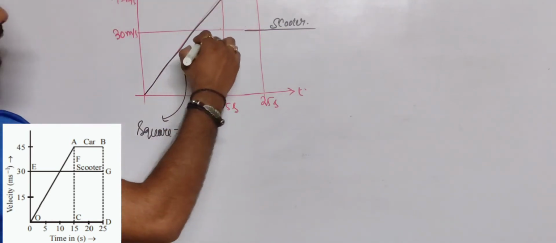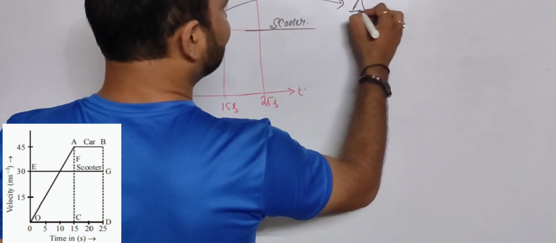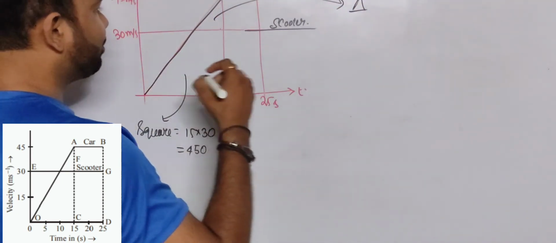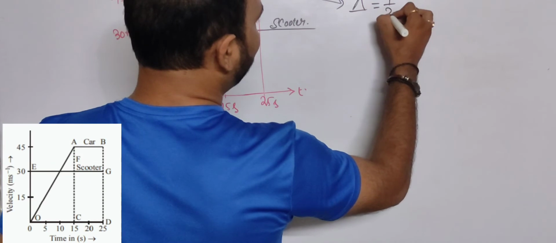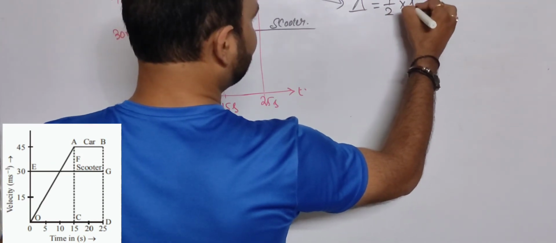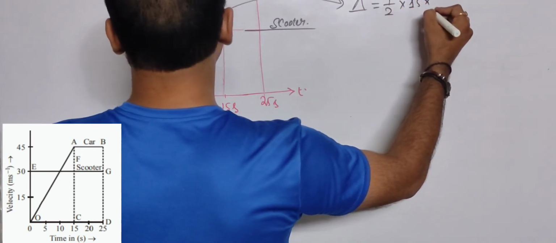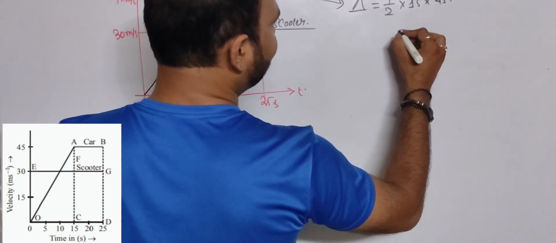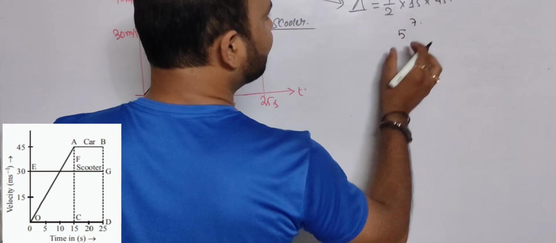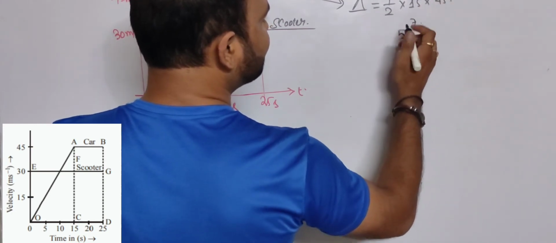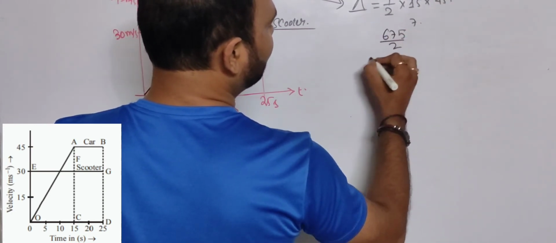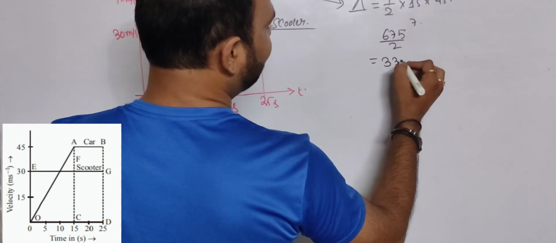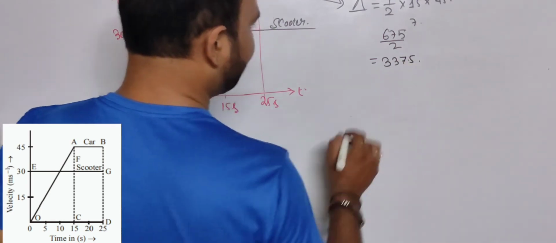The area of the triangle is half into base into height. Base is 15, height is 45, so 15 into 45 by 2 is 337.5.